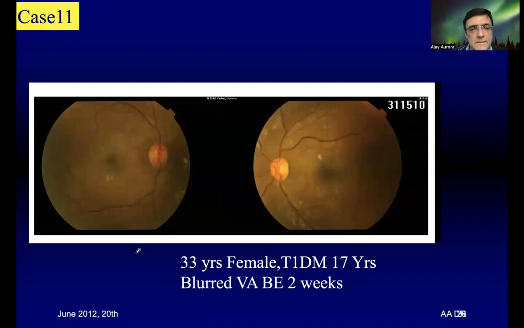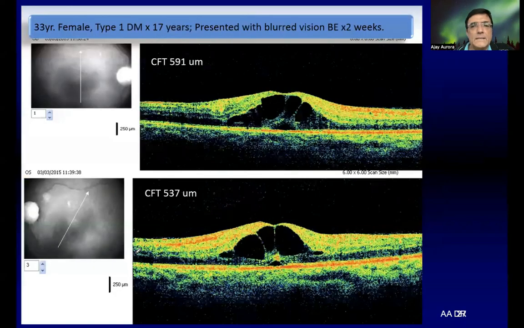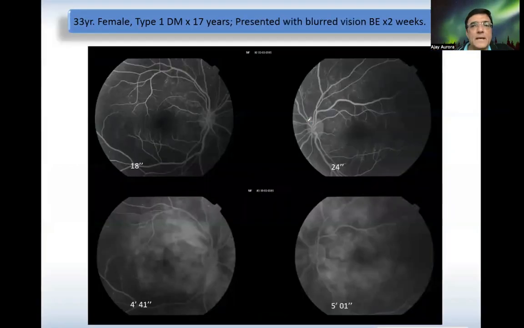Now, this is a 33 years old female, and by this case, I want to drive home a particular point, which you'll realize in the end. She is a 33-year-old type 1 diabetic. For 17 years, she had blurred vision in both eyes. OCT was done, and you can see here macular edema in both the eyes, the right and the left eye.